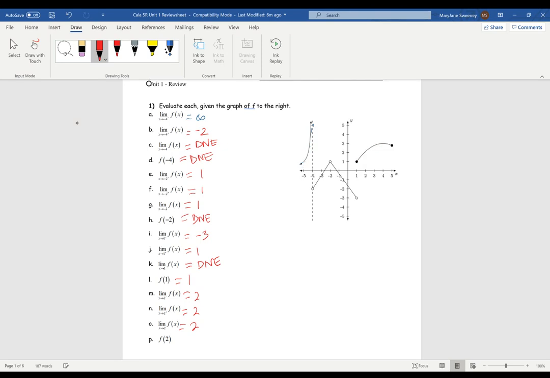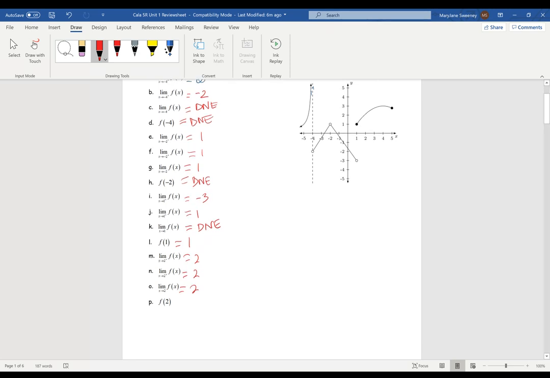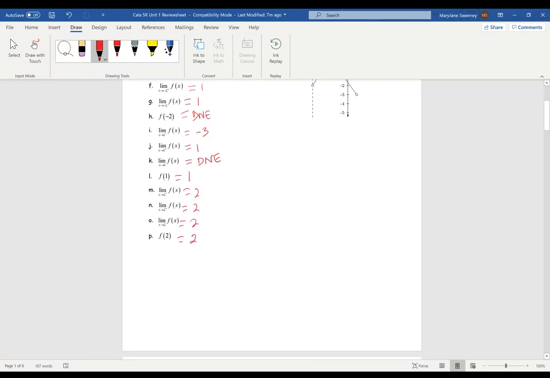Notice it's continuous there. That means also f of 2 is 2. So if those conditions are true, then we know it's continuous. F of 2, there is no open circle. It is continuous there.